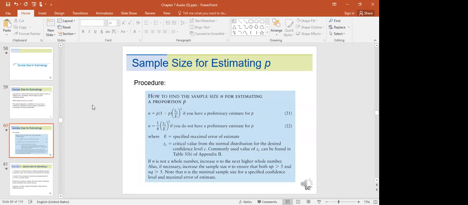If there is a value for P, the population proportion, then we use it with the first formula, which is P times 1 minus P times ZC over E, all squared. If there is no preliminary estimate for P, we will use 1 over 4. That is 1 over 2 times 1 over 2.